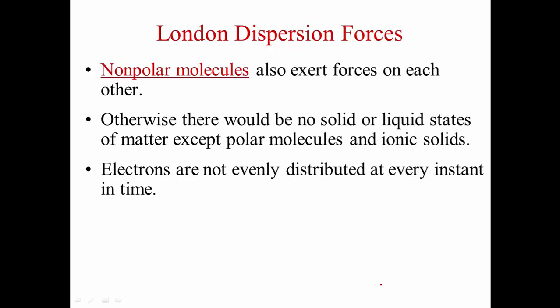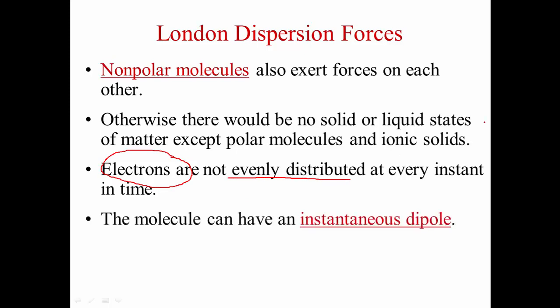The way they exert their forces is that at some point in time, the electrons become disrupted. They are no longer evenly distributed. So if you get that disruption in the electron cloud, it gives you an instantaneous dipole or an instantaneous polarity.